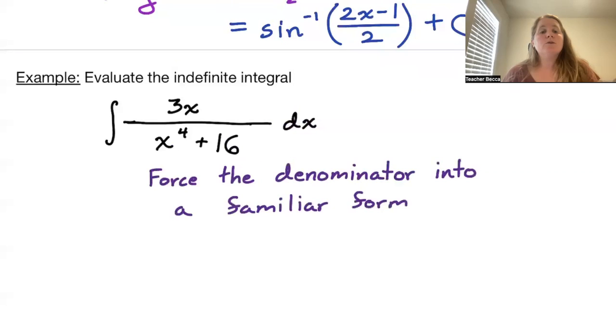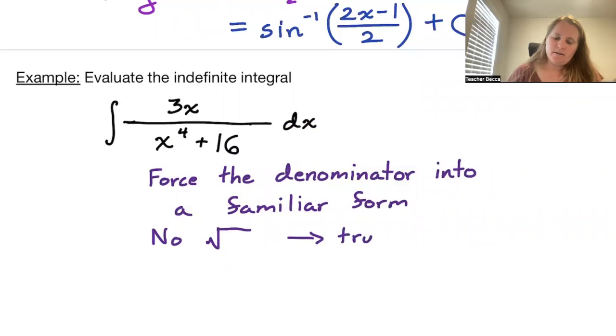In this case, there's no square root, and so we'll try the 1 over something squared plus 1 format.